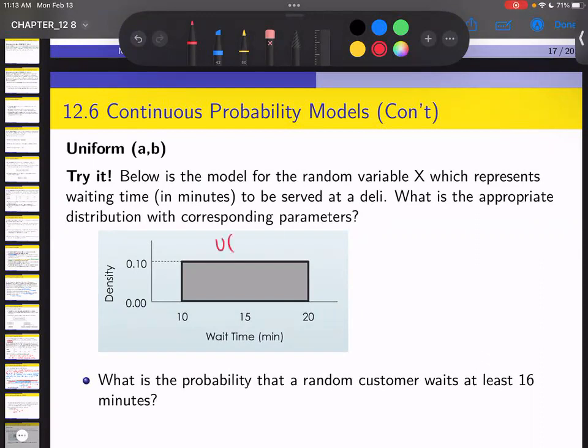What should I put in there? a, b, right? What's my a? You forgot all of that. 10, right? Thank you. 10. And then b will be 20. 15 is your expected value, right? Your average.